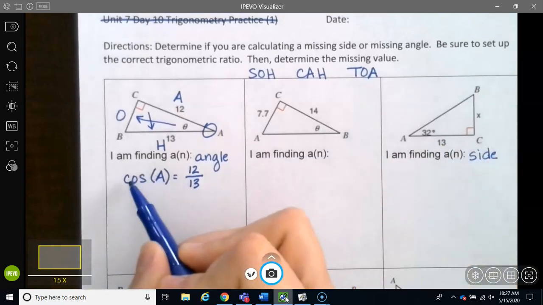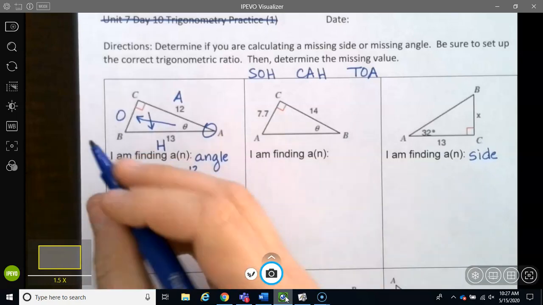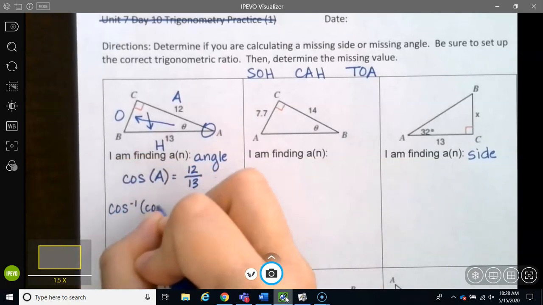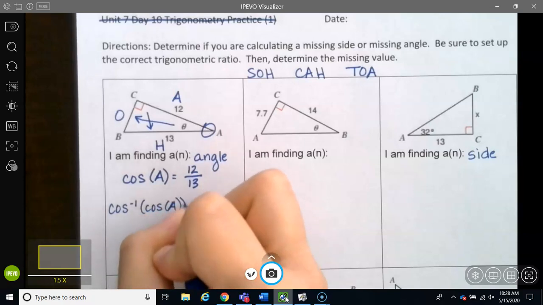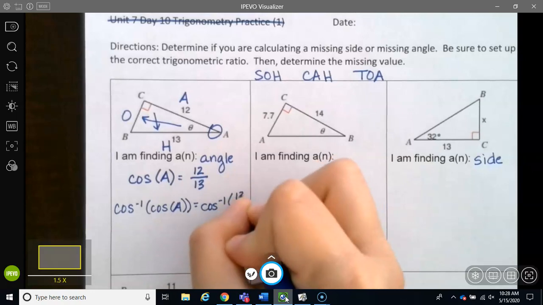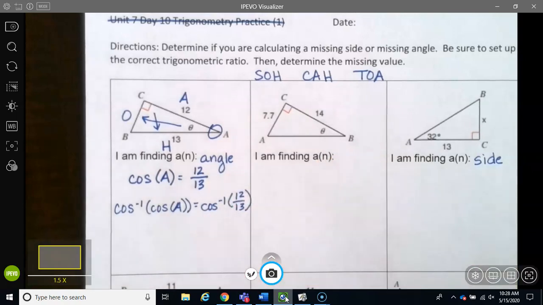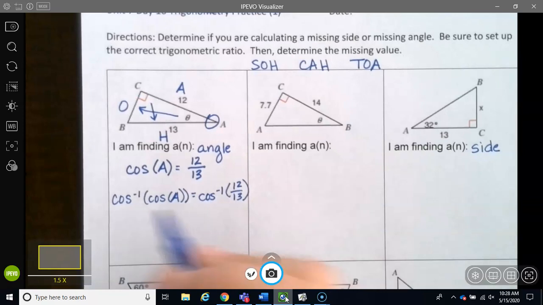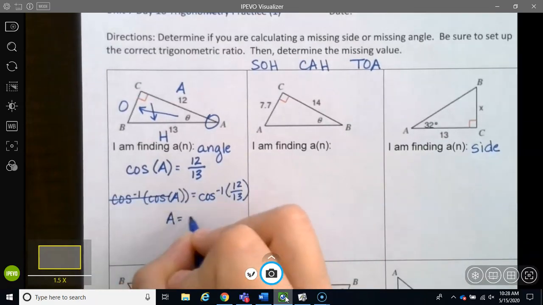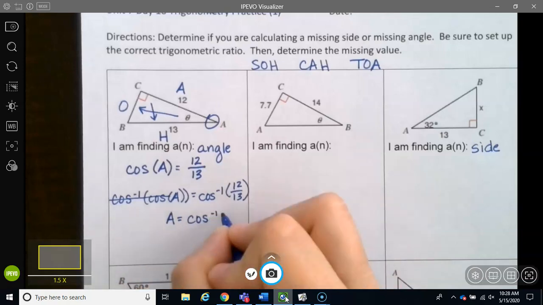To get that angle by itself, we have to get rid of the cosine, so you have to do the inverse: cosine inverse of both sides. That cancels out the cosine, leaving just A equals the cosine inverse of 12/13.